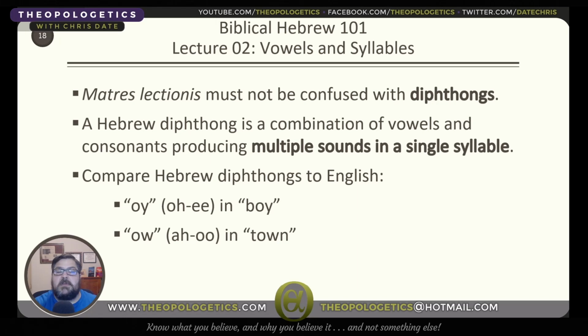Similarly, the O and W in the English word town produce a single syllable comprised of two sounds, sort of, ah and then oo, ow, right? So town is a single syllable, but there are two vowel sounds in it, something like an O and something like a W, so ow. Hebrew diphthongs act similarly, and we're going to go through them separately from the vowels so that you can keep them distinct in your mind.